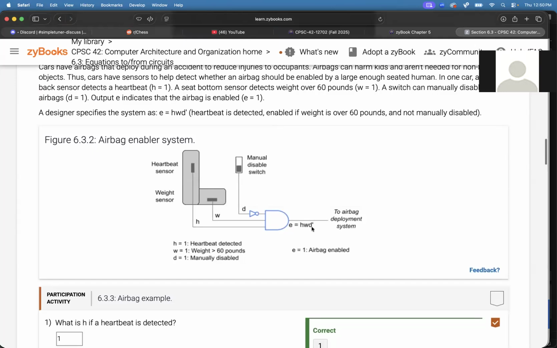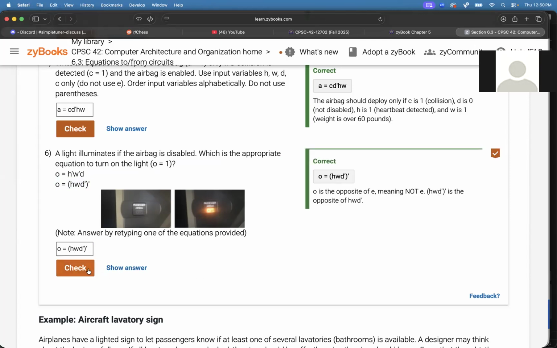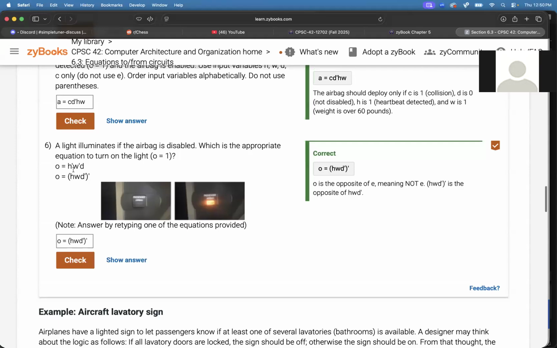So HW not D, and then the whole thing with a not. That's not the same thing as just reversing all of the inputs. So the parentheses and the not on the outside were important there.